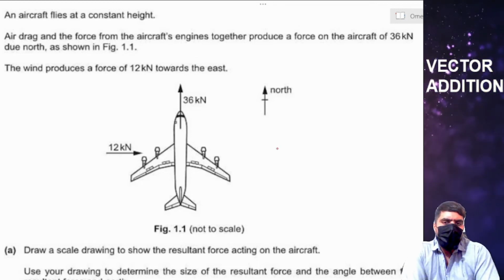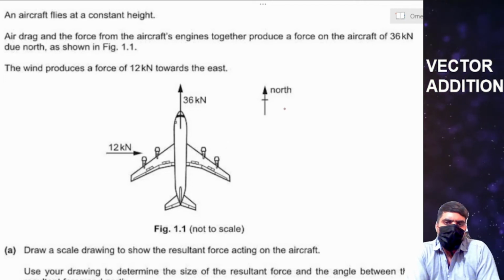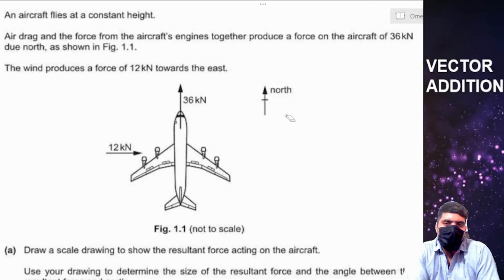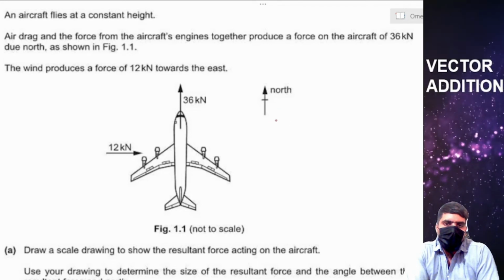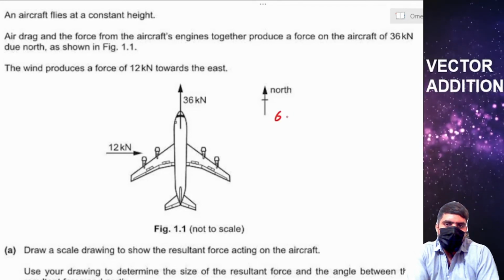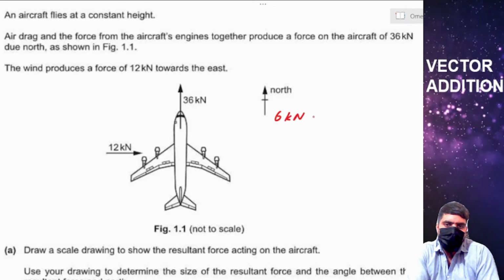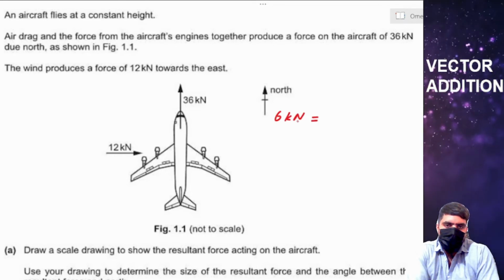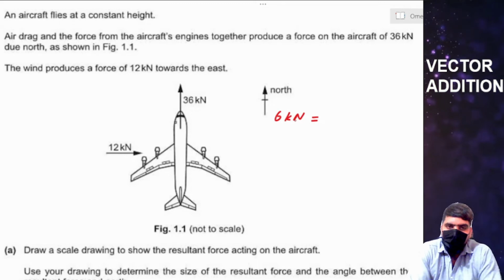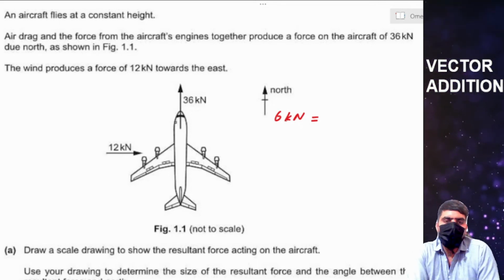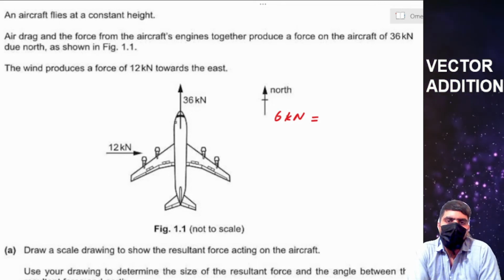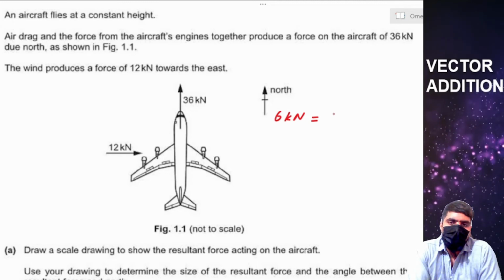So in this case, what I'm going to do is I say 6 kilonewtons. Every 6 kilonewtons would be represented by 1 centimeter.